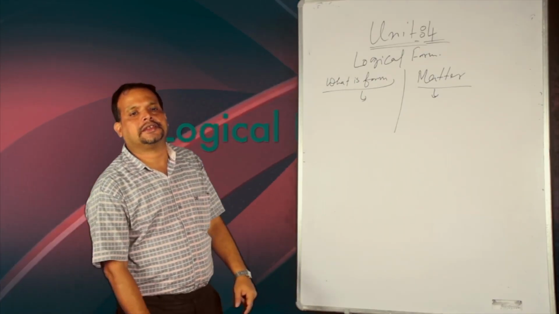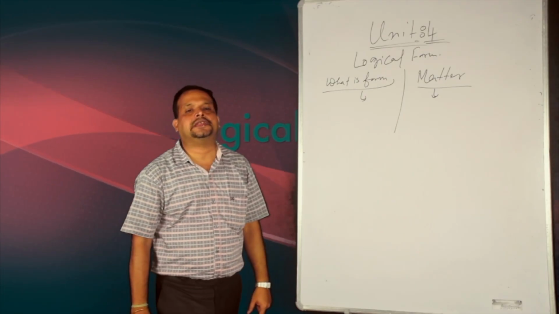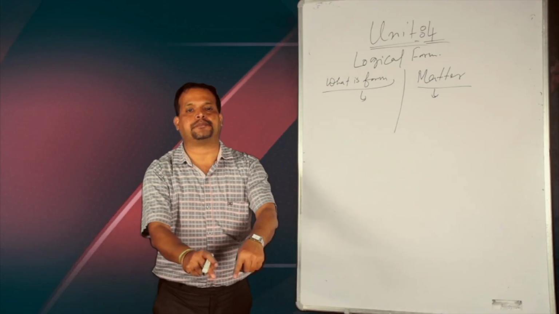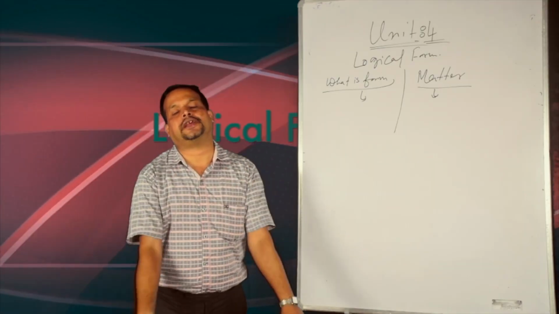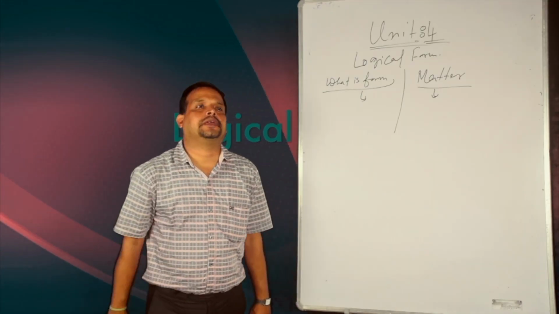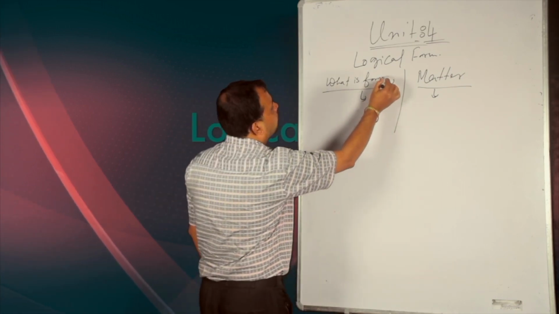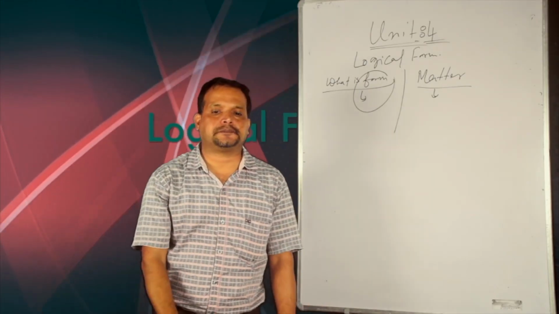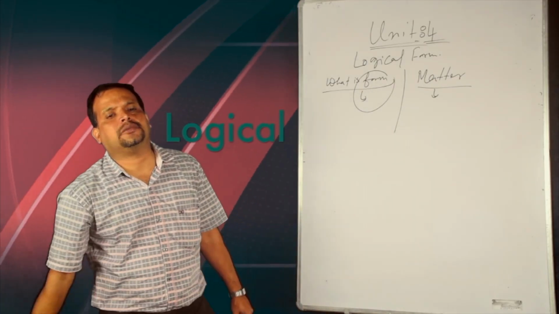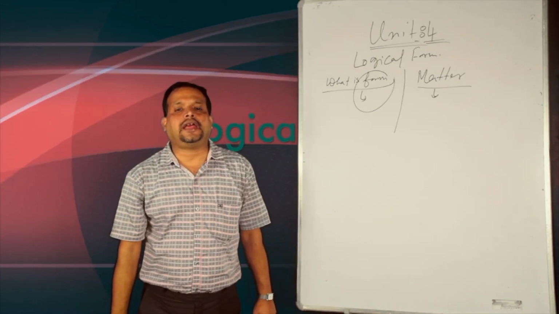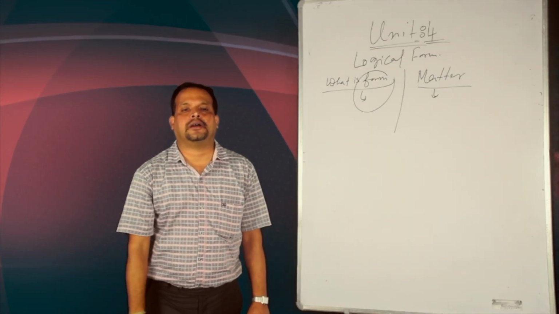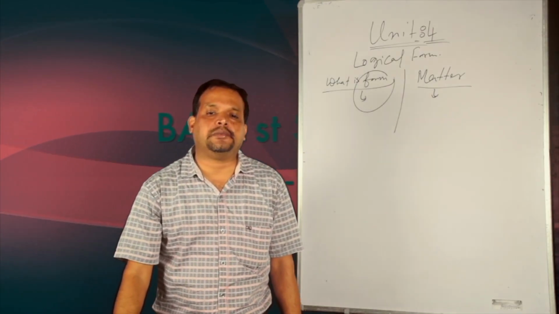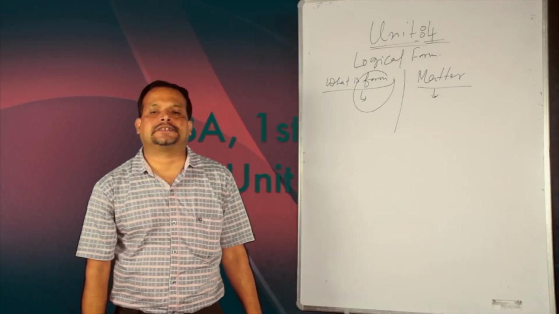Again, supposing that the table is round in shape. Then this roundness or round shape is the form of the table. Now you see, dear learners, like a material object, an argument and a proposition also have particular forms and are composed of certain elements which we call its matter.